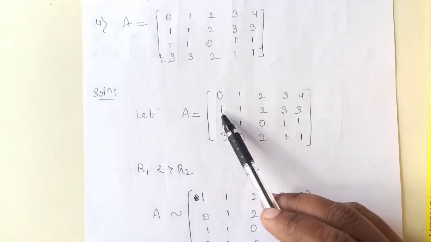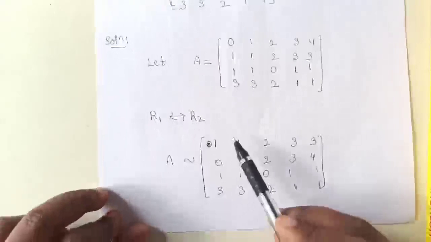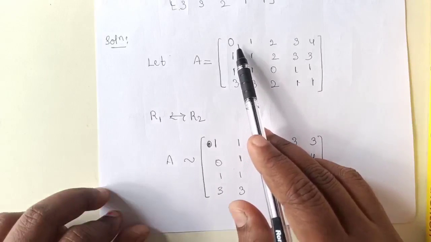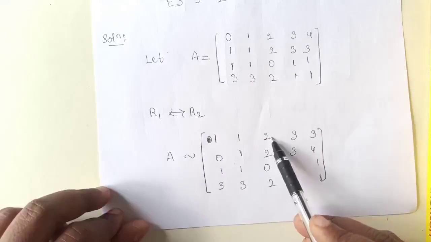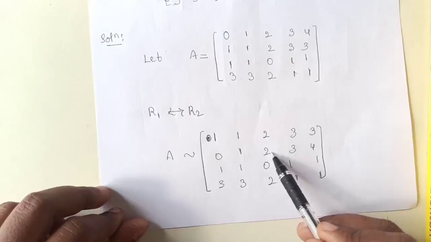Therefore we interchange R1 and R2. On interchanging, R2's elements are written in the R1 place, that is 1, 1, 2, 3, 3, 3, and R1 is written in the R2 place, that is 0, 1, 2, 3, 4.